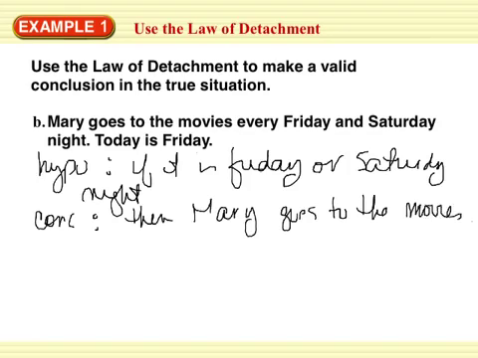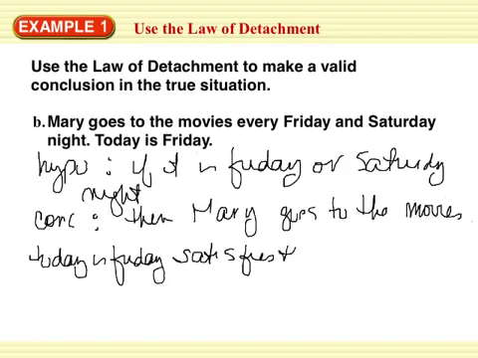So use the law of detachment. Today is Friday. That satisfies the hypothesis.